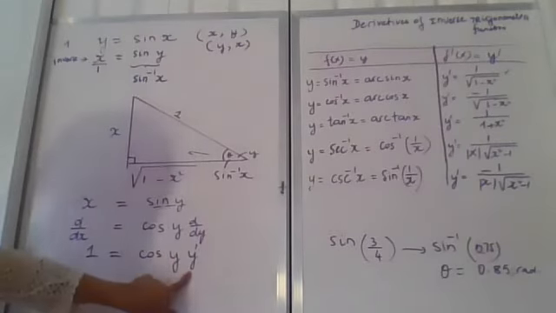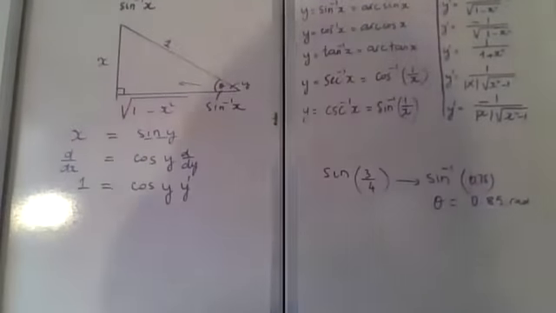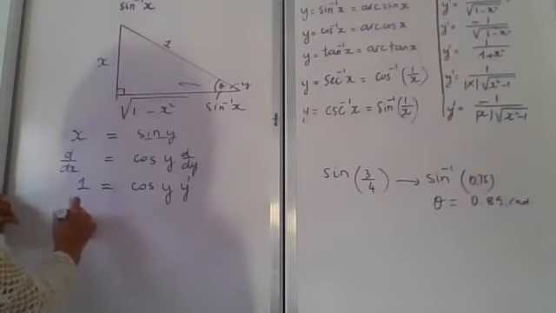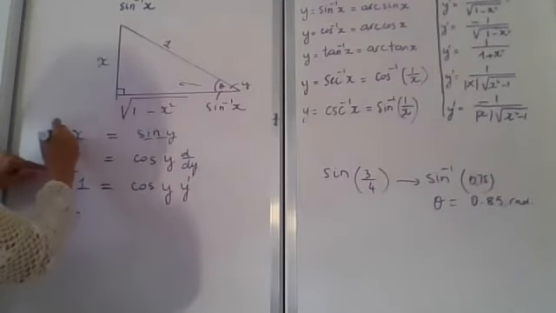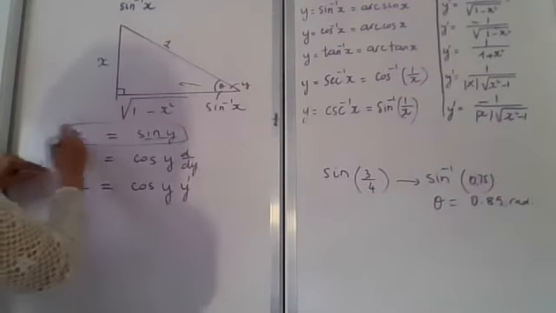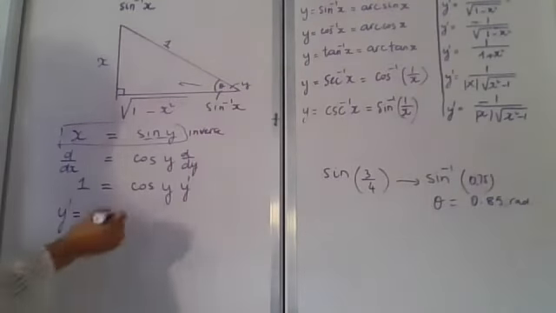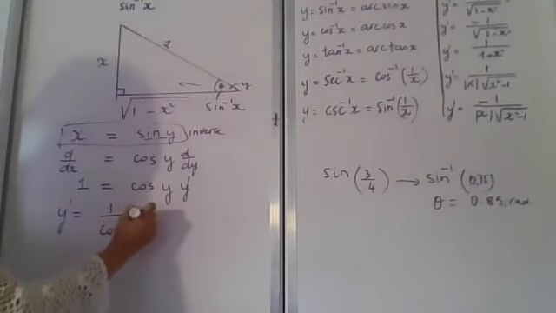Remember the short notation I showed you before, right? So now I'm going to solve for y prime, because we're going to solve for the derivative of this inverse function. So y prime will obviously equal 1 divided by cos of y.